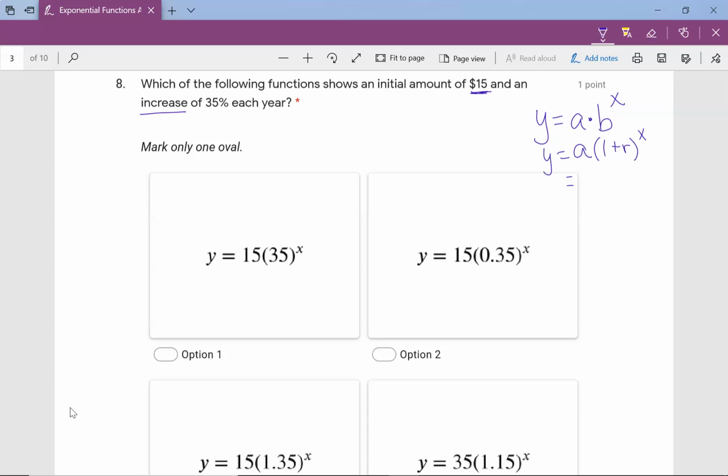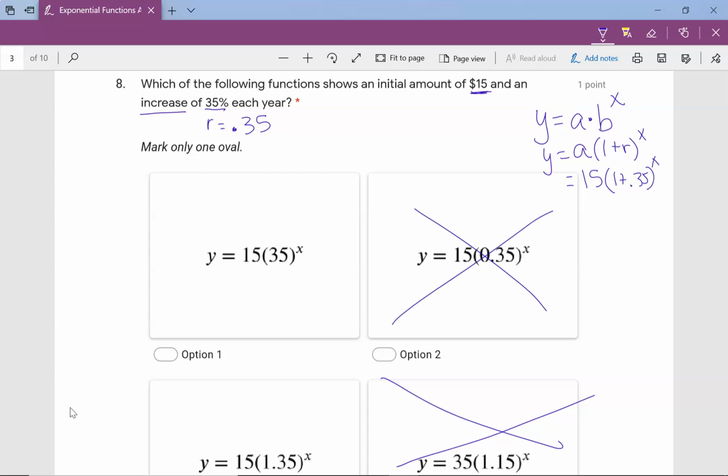The initial value is your A, and so this was 15, okay, which means this option is definitely not right. 1 plus R, so our increase, our R is 0.35, because 35% is 0.35, so 1 plus 0.35. Looking at that, that eliminates this answer, definitely. It had to have been this one, okay?